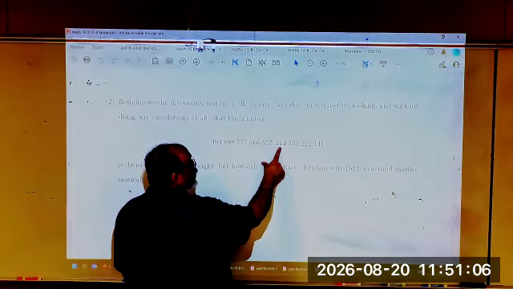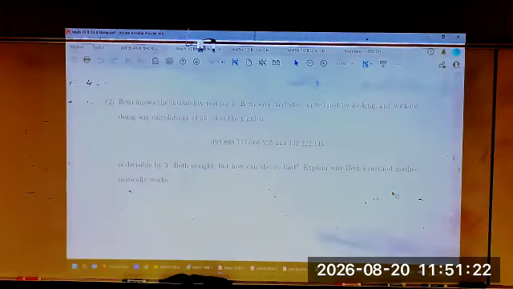Just by looking at it, she knows it's divisible by 3. Why? Just by looking at it, without doing any sort of calculation.